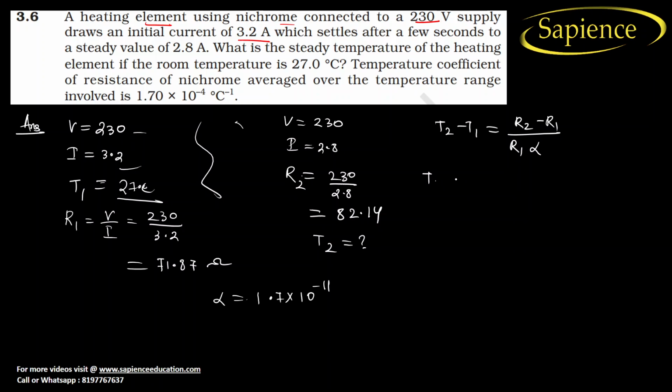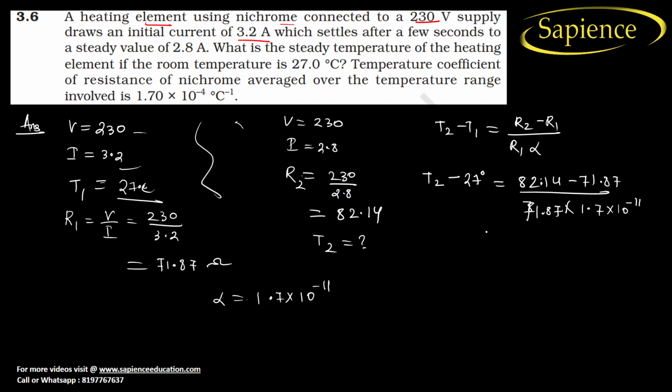T2 we don't know, we need to find it. T2 minus 27 degrees is equal to R2, which is 82.14, minus R1, which is 71.87, divided by R1, which is 71.87, into alpha, approximately 1.7 into 10 to the power minus 4.